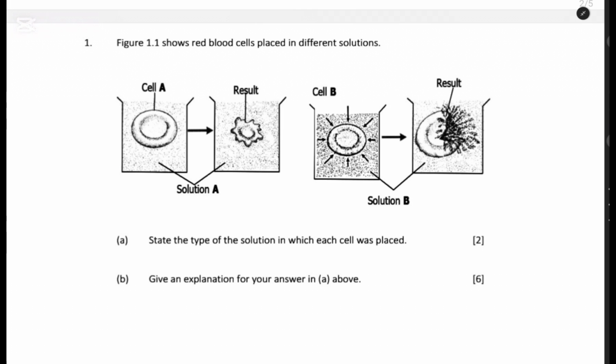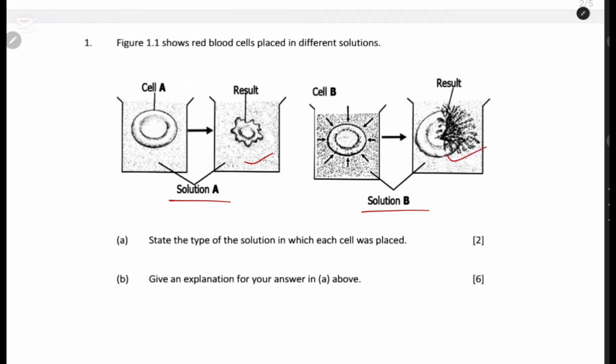Okay, so the first question, state the type of solution in which each cell is placed. So we have solution A and solution B. In solution A, one red blood cell is placed, and this is the result. Then of course B is the result.